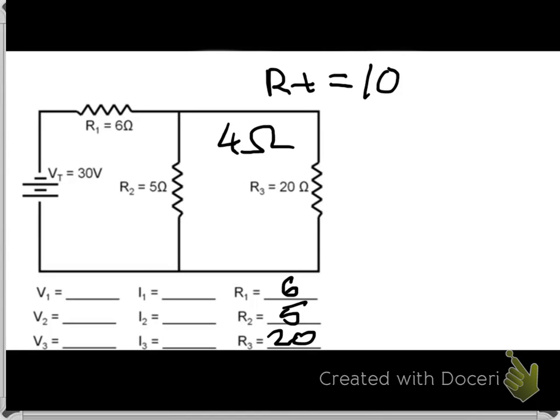The total voltage is already given, so that the total voltage is 30 volts. And by using Ohm's law, we can find the total current, which is going to be 3 amps.